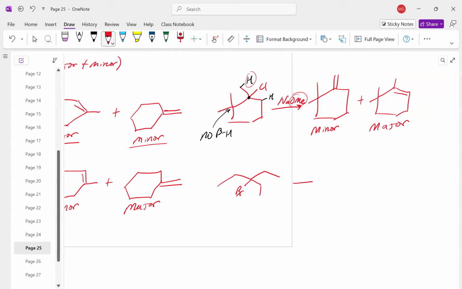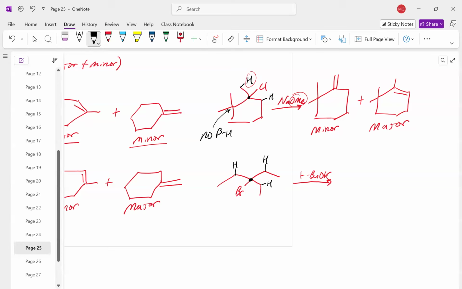All right, let's look at one more. Again, we're assuming E2 will be the mechanism here, and so we're going to identify all of our beta hydrogens. Well, we got one here. This is the carbon with the leaving group. I go one carbon over, there's a beta hydrogen there. Do the same thing, there's a beta hydrogen there, and same thing there.